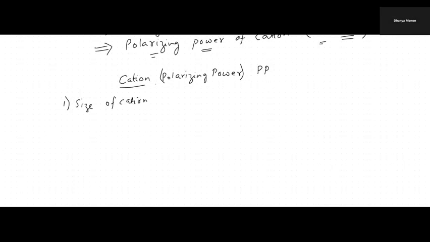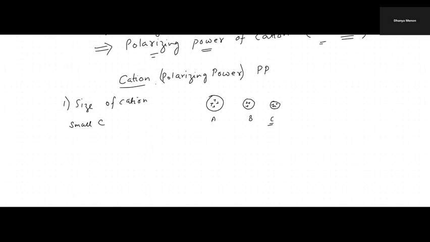Suppose I have three cations, A, B, and C. Here, if the size of cation is small, like the cation C, all the positive charge is concentrated in a very small area, and it will be able to attract the electrons more strongly.